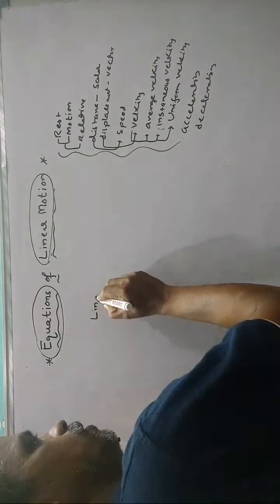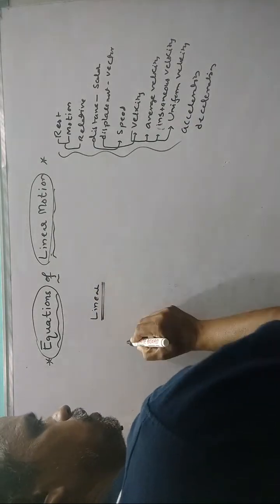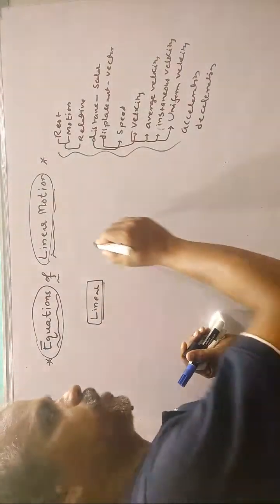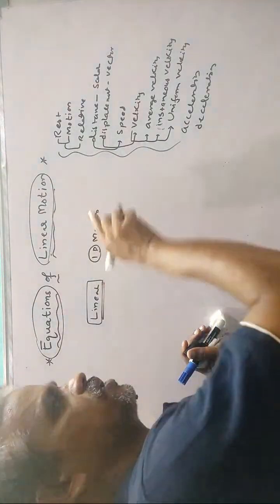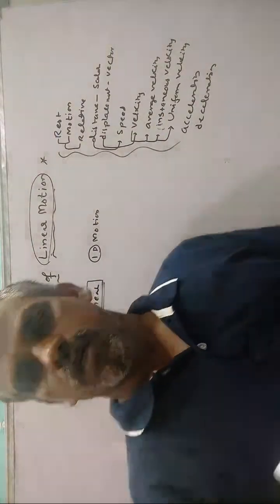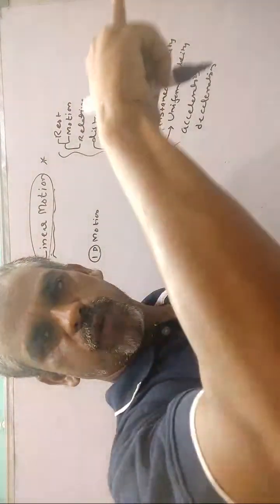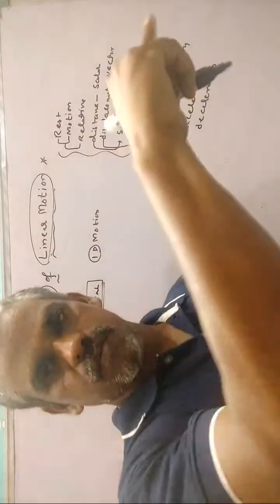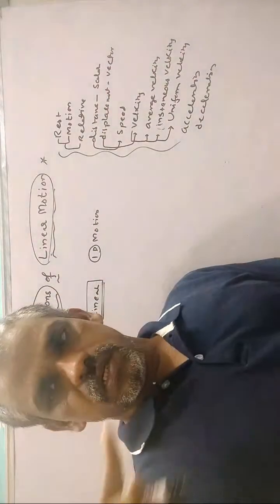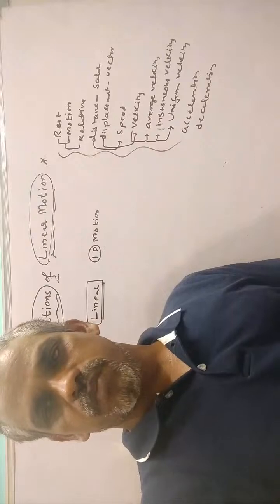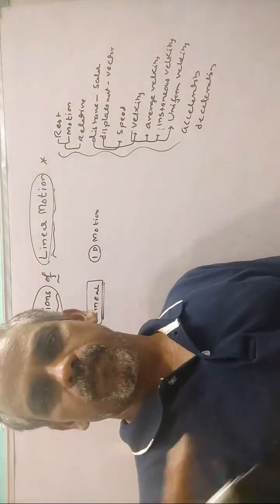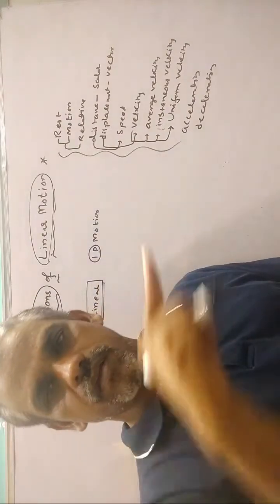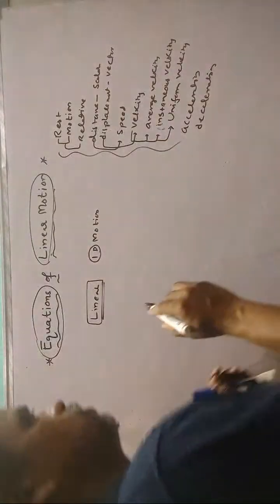What is linear? Only a single direction, 1D motion. That means the body is traveling in one particular direction only. It may be along the x-axis, the y-axis, or the z-axis.